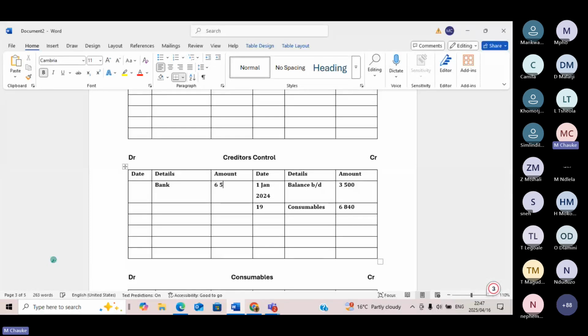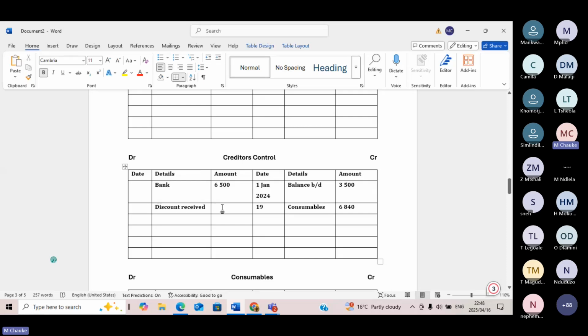And then we also indicate that we received a discount. So it's going to be discount received as well. Discount received is going to be the difference between 6,500 and 6,840.